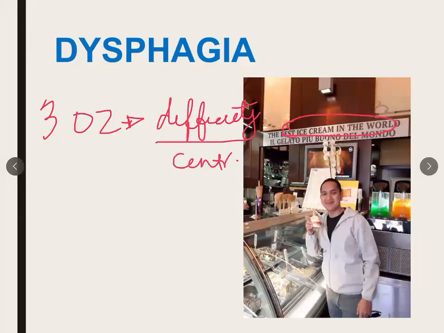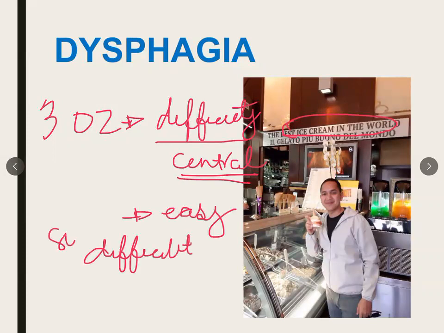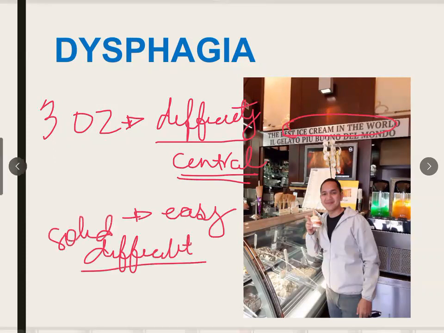Meaning you might have a cranial nerve number 9 or a cranial nerve number 10 problem. But if the patient can tolerate water but has difficulty swallowing solids, more likely there is an obstruction in the esophageal area. Okay, so that is how you will actually differentiate them.